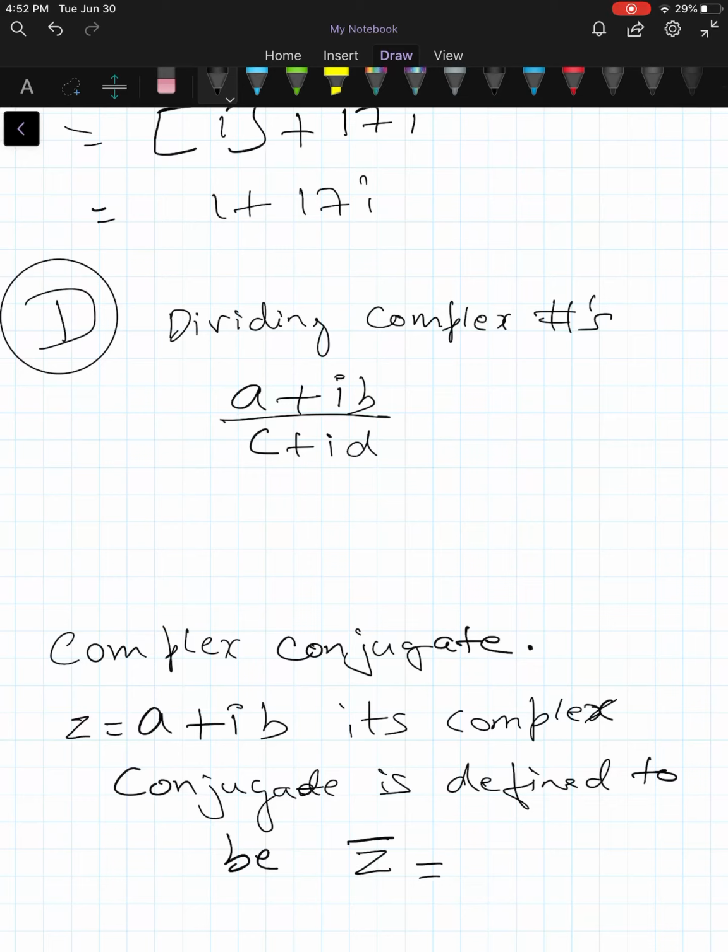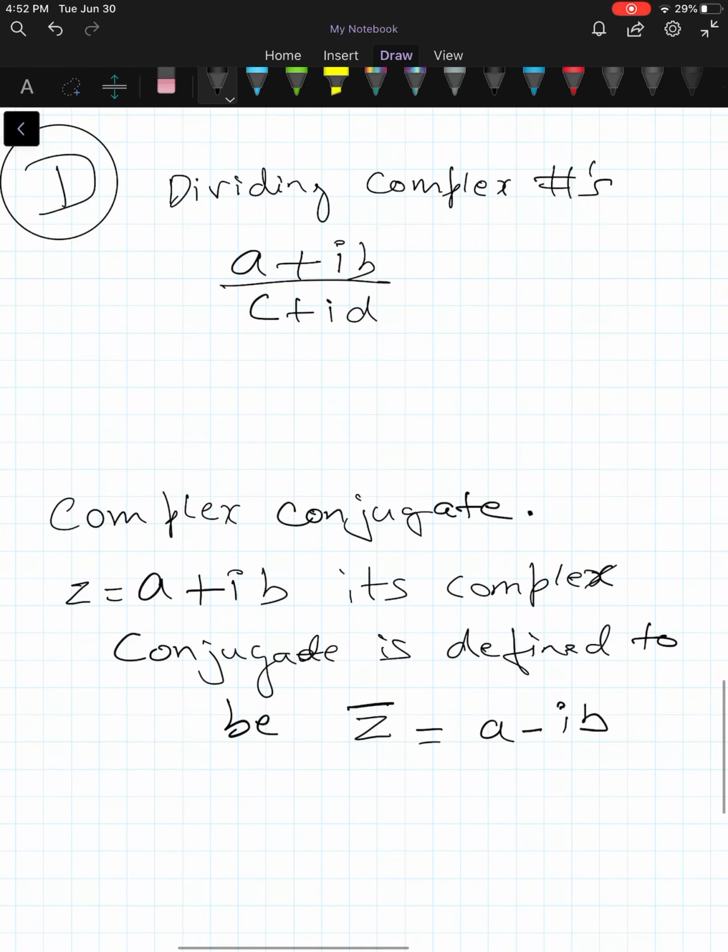It is denoted as z bar, with an overhead bar, which is equal to a minus ib. So you are going to reverse the sign of the imaginary part of the complex number. So that would be the complex conjugate of z.